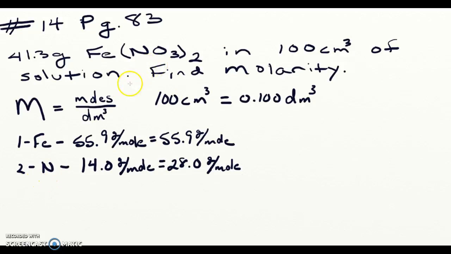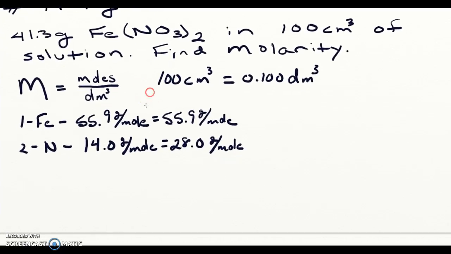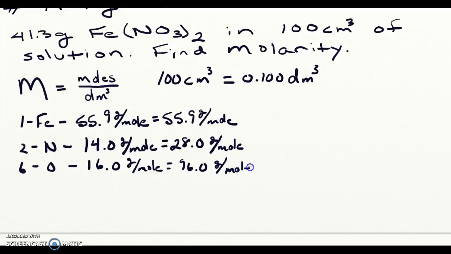Okay, moving on. I'm going to move my board up a little bit. All right, so then I have here 3 oxygens, but times 2 gives me 6 oxygens total. Here we go, 6 oxygens, and each is 16.0 grams per mole. This would be 96.0 grams per mole total. I take the 16 times the 6.